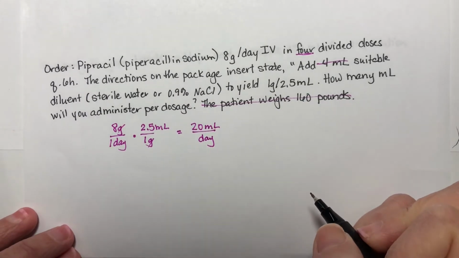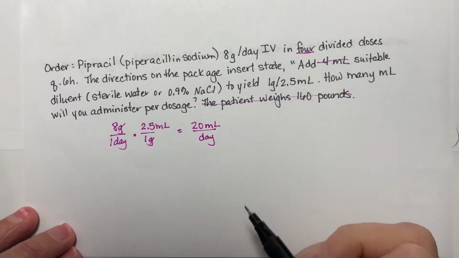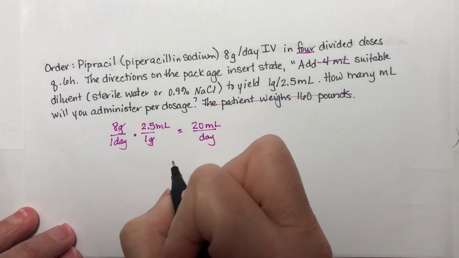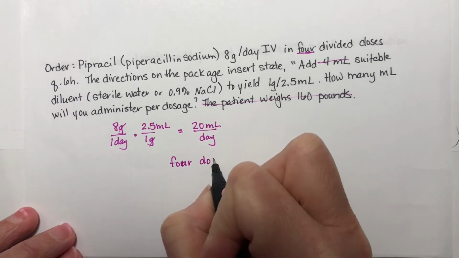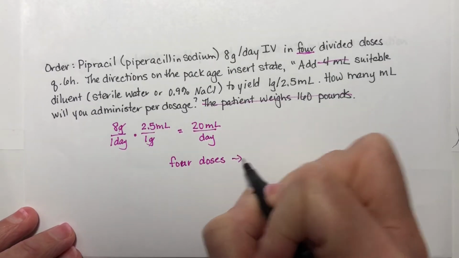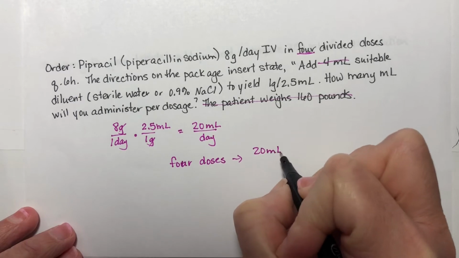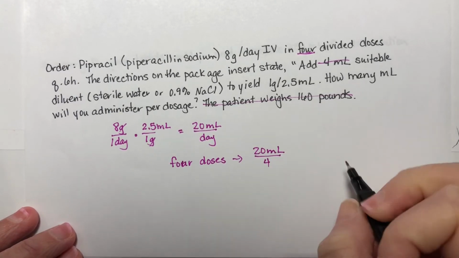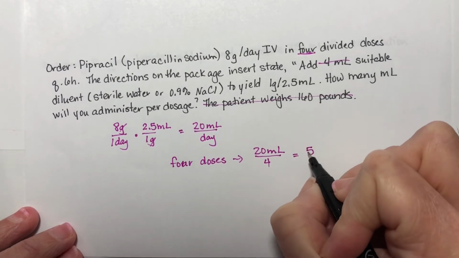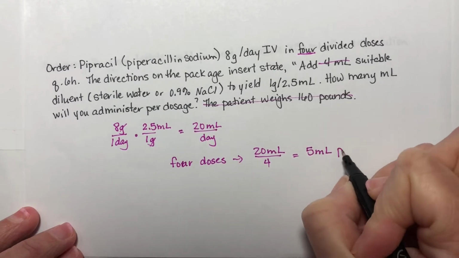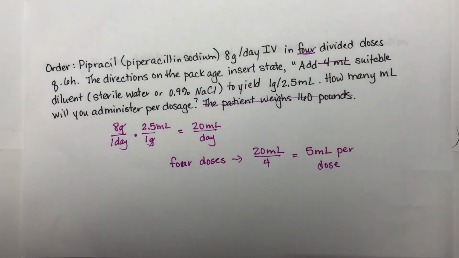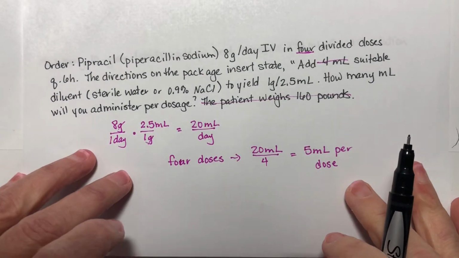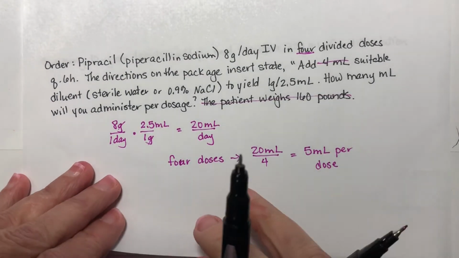That's the total day's dose. We're supposed to do this in 4 doses. So we take that 20 milliliters and divide it by 4, the number of doses, which gives me 5 milliliters per dose. If I had to guess, I would say that your mistake was not realizing it was in 4 doses.